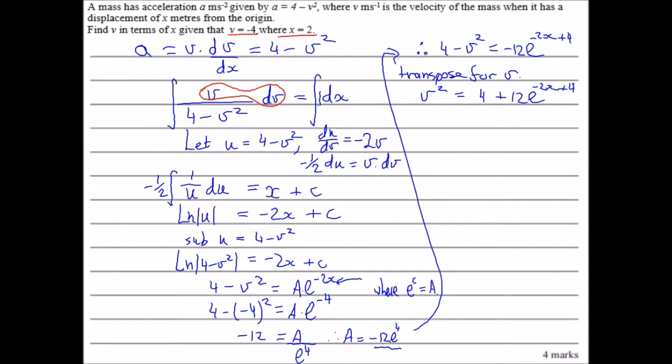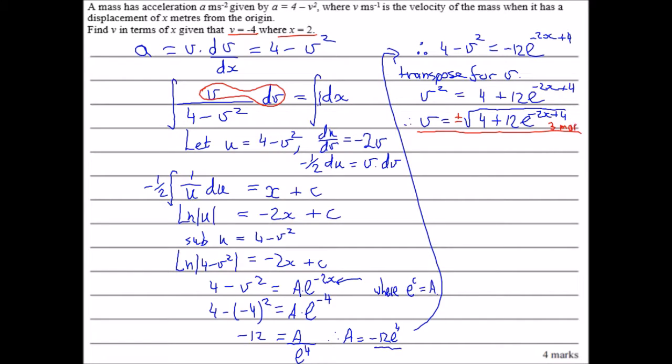Here we go, and finally, therefore, v is equal to the square root of 4 plus 12 e to the minus 2x plus 4. But we just did the square root, so we have to remember to include the plus and minus. At this point, we haven't finished. That will give us 3 marks.